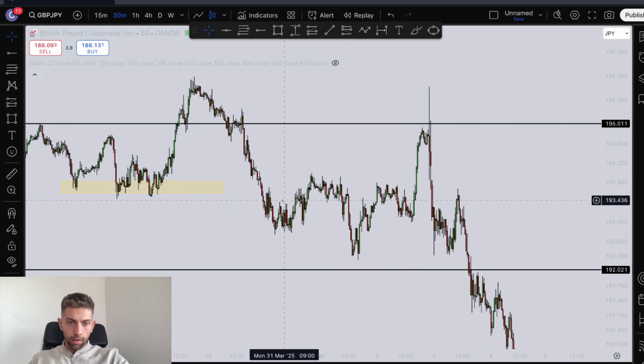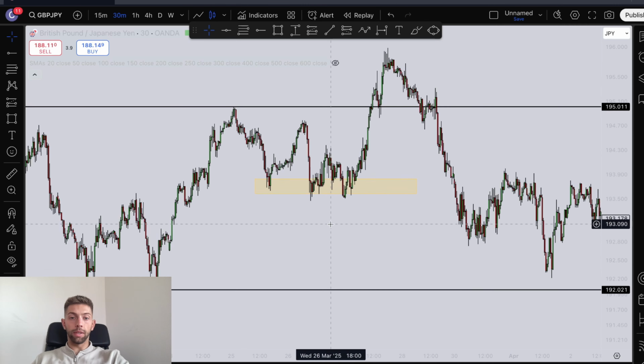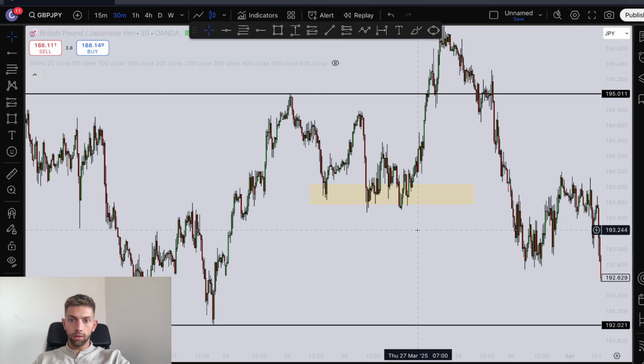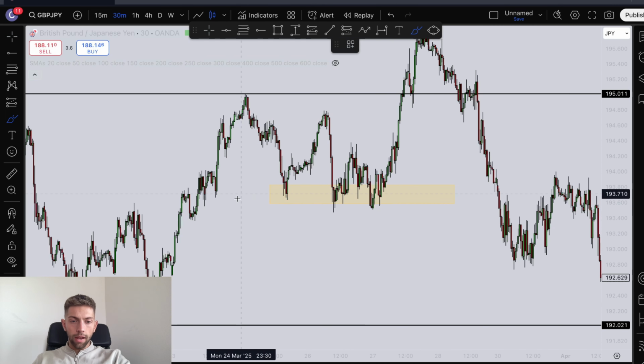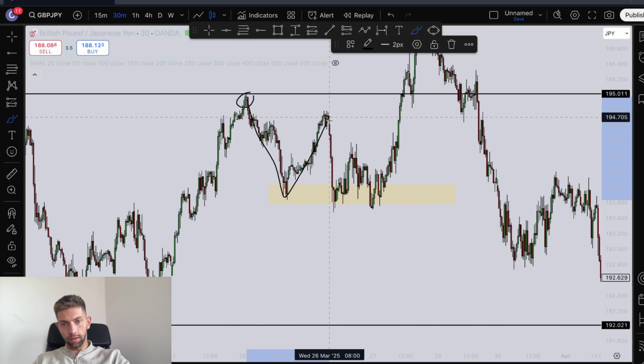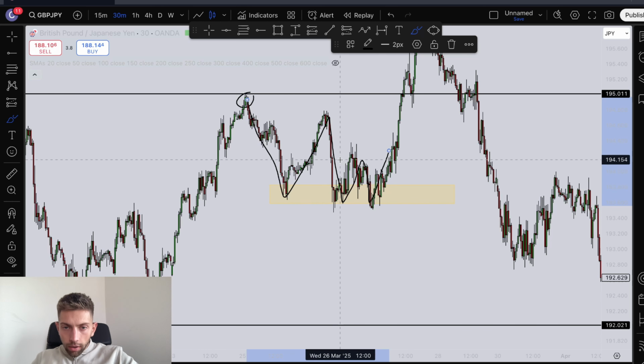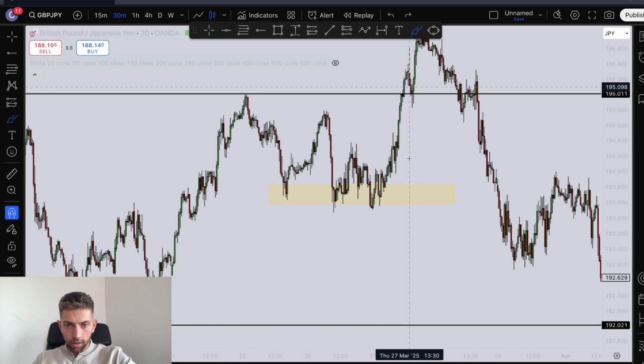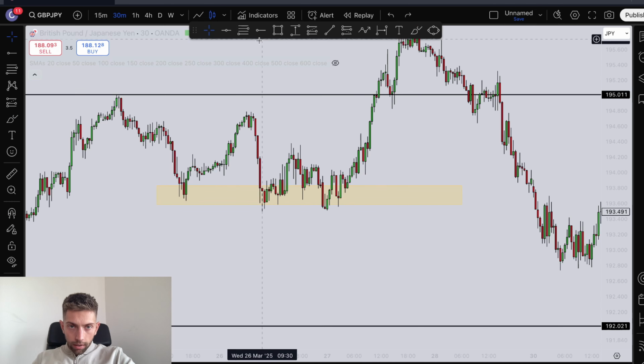And again, same thing, guys. This is the low, this is the high. Price started to pull back, creating a series of lower highs and lower lows. Right here, price broke market structure. Let's measure the pullback.